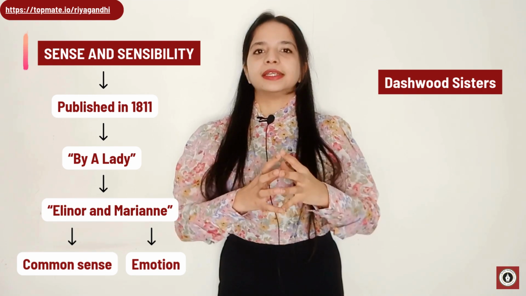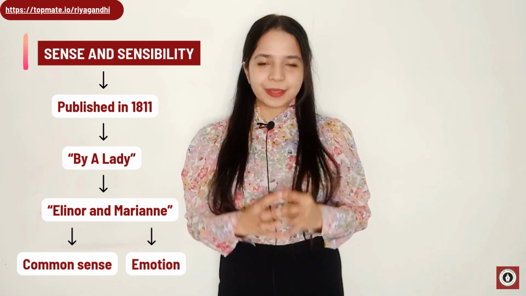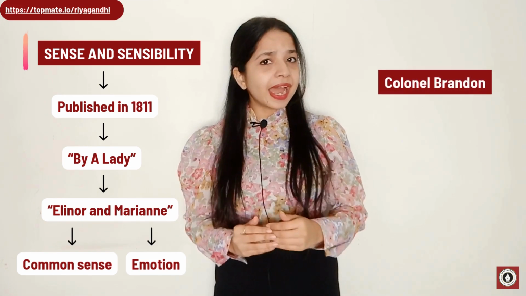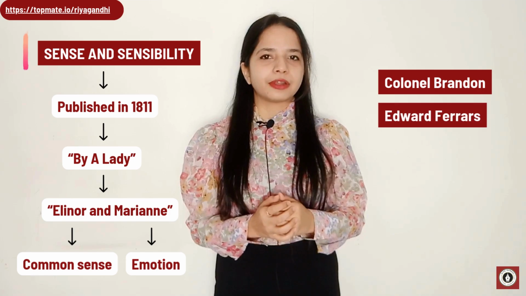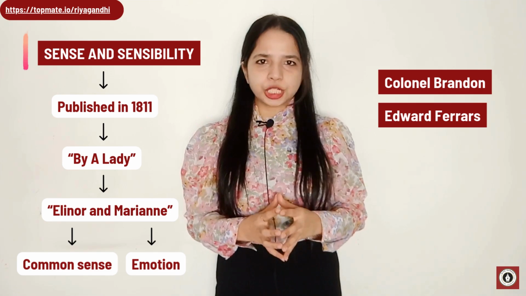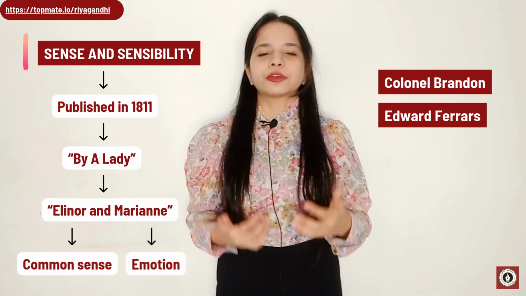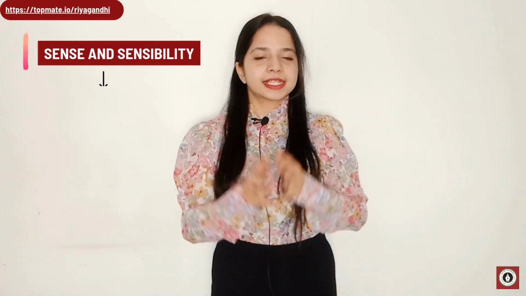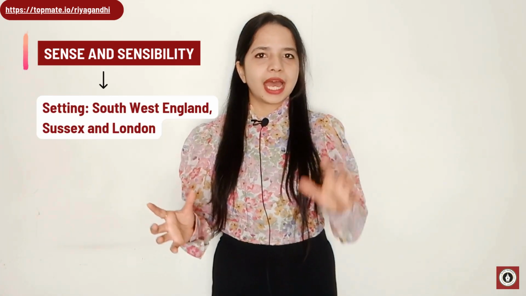That's where the entire plot begins, because that's where Eleanor meets Colonel Brandon and Marian meets Edward Ferrars, their respective love attachments. They marry each other after a lot of twists and turns. The entire novel is set in southwest England, London and Sussex, somewhere between 1792 and 1797.